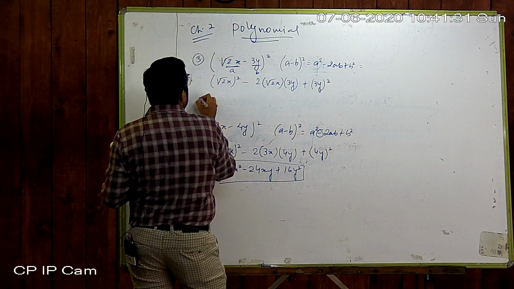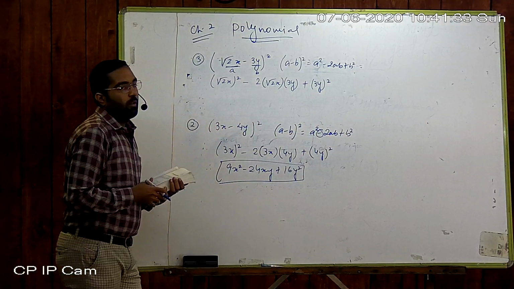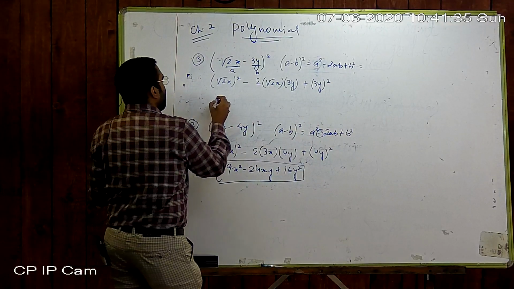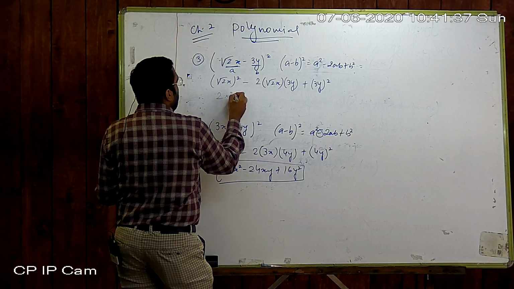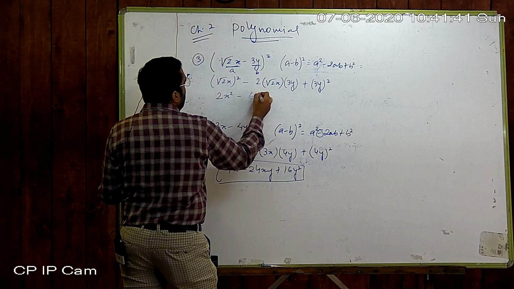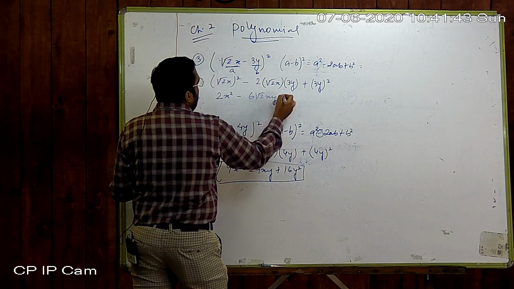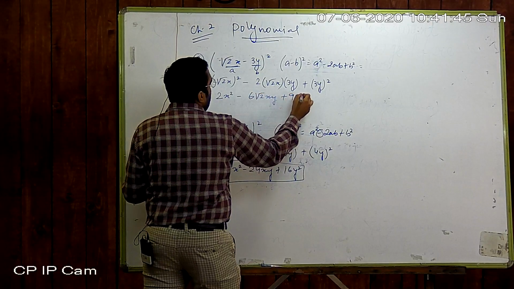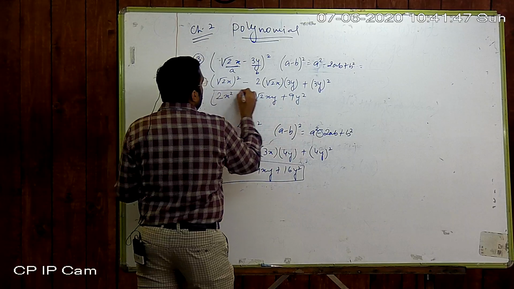So my answer is, as we know, root 2 square is 2x square minus 2 into 3, root 2 as it is, xy plus 3 square is 9y square. That's my answer.